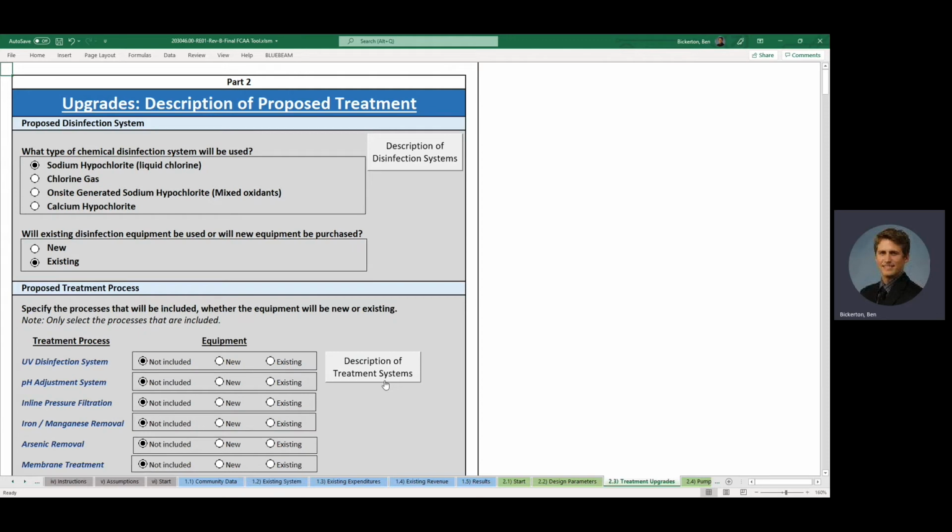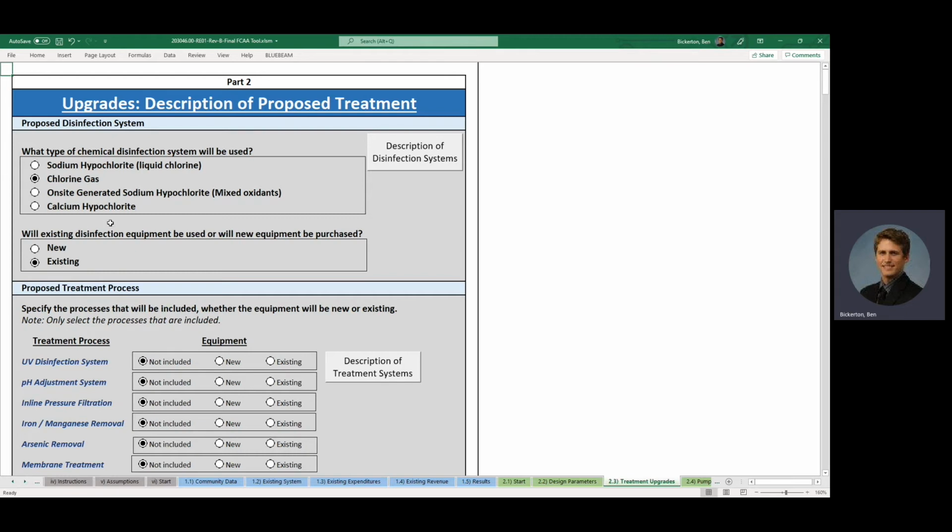So the next page here, the description of proposed upgrades, includes potential upgrades to disinfection or treatment, upgrades to distribution system, extensions, new water storage, etc. So for our proposed upgrades, we can say that we're going to use chlorine gas, but it's going to be the existing chlorine gas disinfection system.